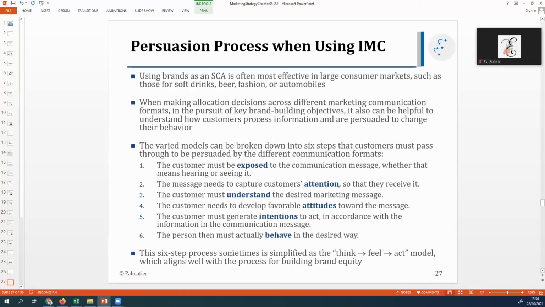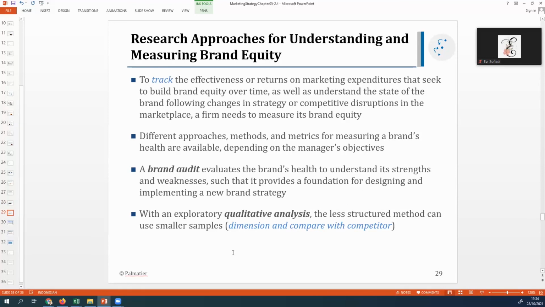All right. So how to conduct the research to measure the brand equity? How to measure the brand equity? It is by tracking the effectiveness of return on the marketing expenditure that seeks to build brand equity over time.